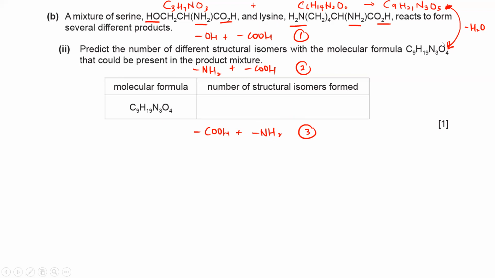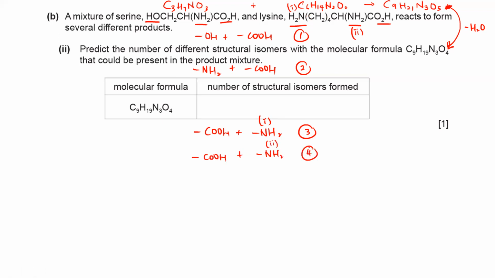Let's check anything else. COOH, NH2. Oh yes, because this has 2 NH2. So this will be NH2 number 1. This is NH2 number 2. COOH again, but this time with the second amine functional group.